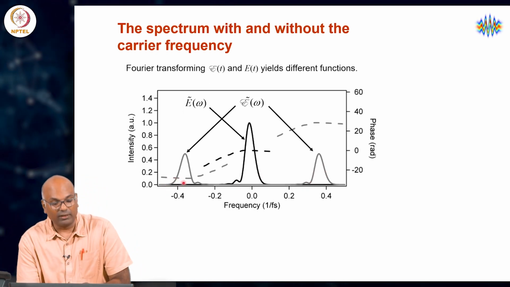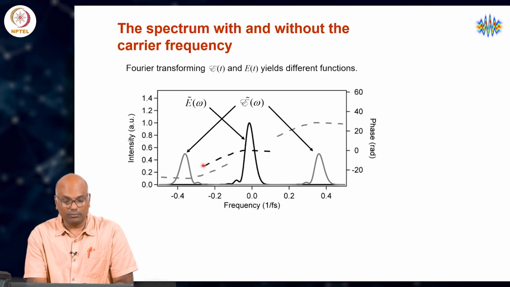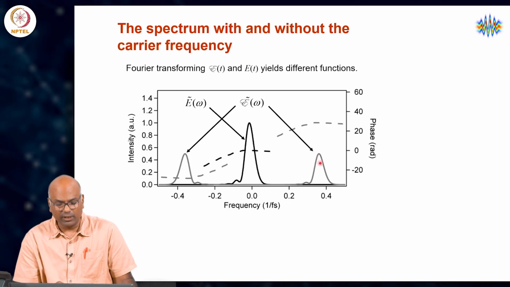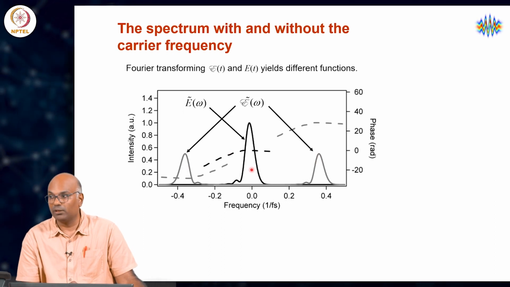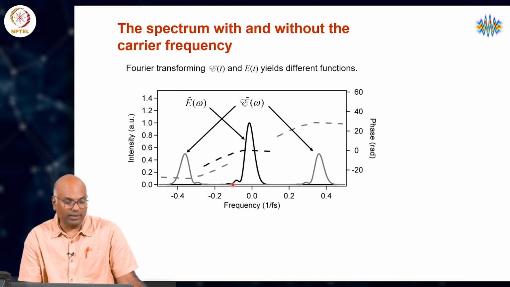These are essentially just with and without the carrier frequency, and all of these contain the same information. This is just some mathematical jugglery which we resort to based on our need for taking things forward.